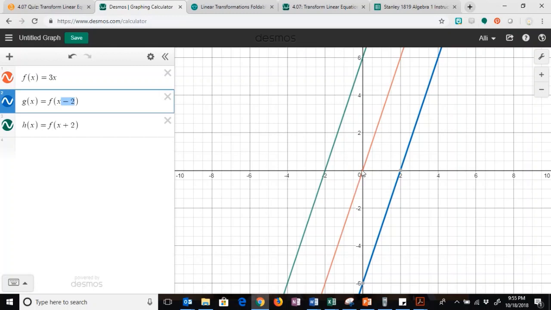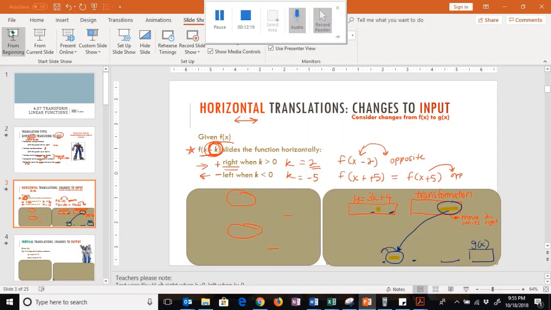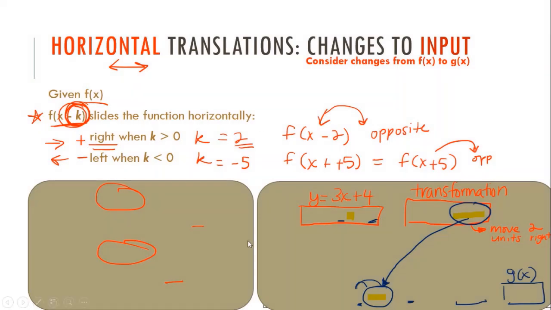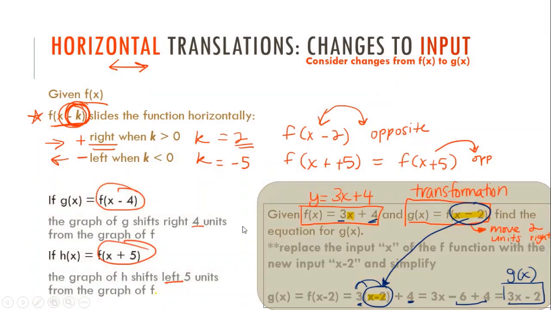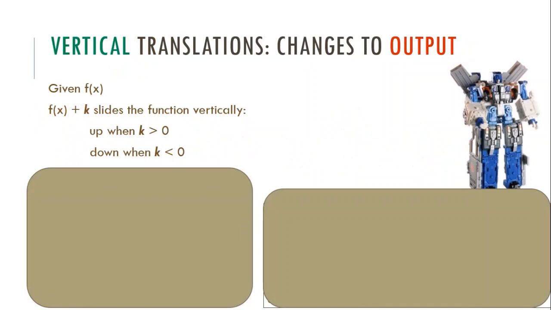If it's a minus, I'm really moving in the positive direction 2 units, and if it's a positive, I'm really moving in the negative direction 2 units. All right, so those are my horizontal translations. Let's look at an example of vertical translations, and then we'll do a couple examples that will hopefully help solidify some things, because you might have some questions.